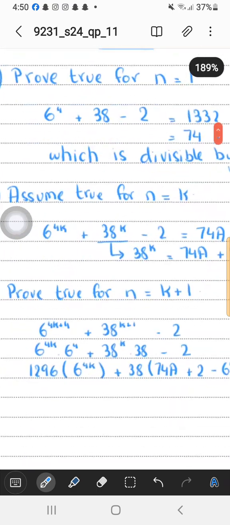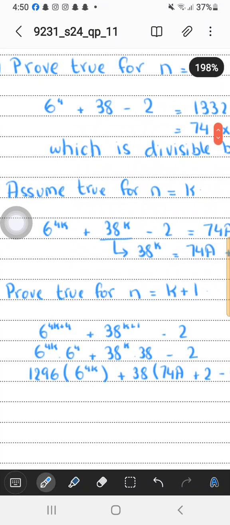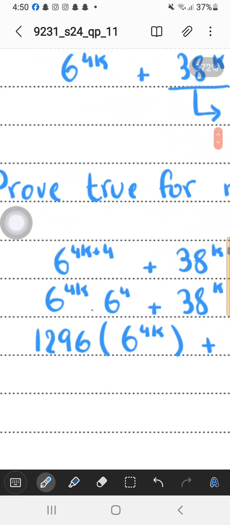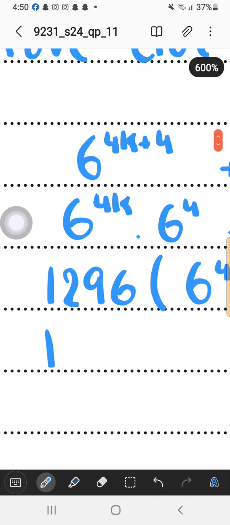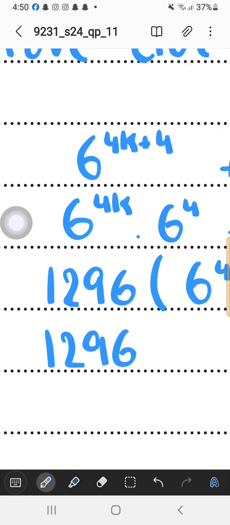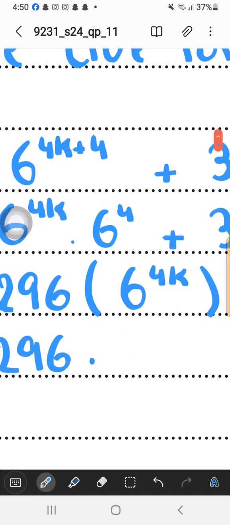We can leave the 1296 and not multiply it, since it would make it complex, and they can't be multiplied directly unless we have the value for k. So just copy it down: 1296 dot 6^(4k).